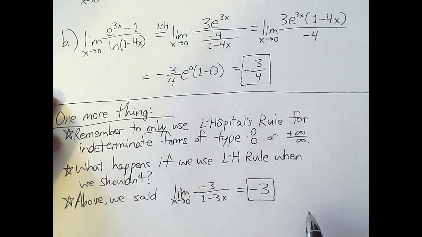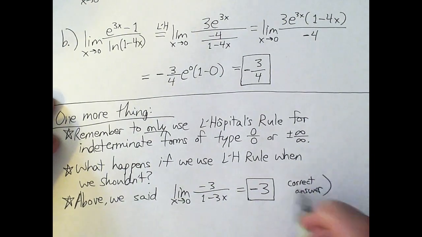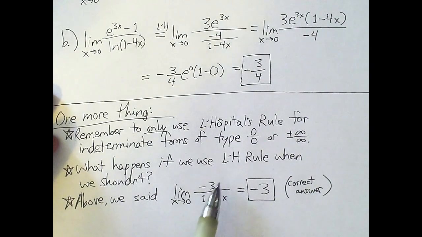That's the correct answer, and the reason it's correct is because technically this is a rational function and 0 is in the domain. When you have a rational function and x is approaching something that is in the domain, you can just plug it in. So we just plugged in 0. We got -3 over 1, which is -3.